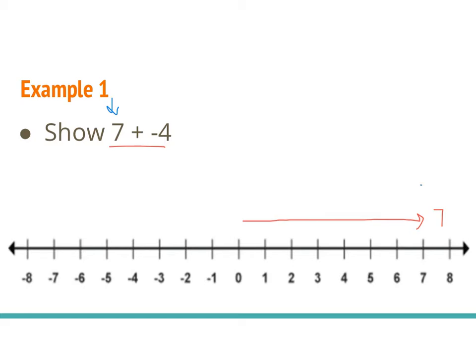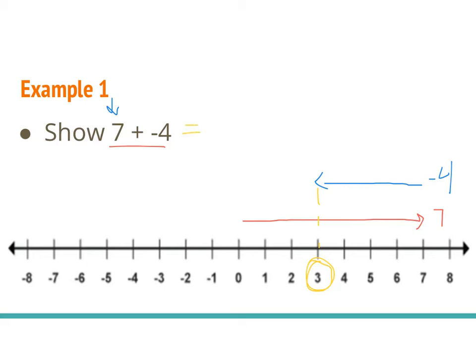So I'm going to start here and move back 1, 2, 3, 4 places on my number line. This shows us negative 4. And where I end is going to be my answer. So I follow it down right here to 3. Okay, so my ending point is my answer.